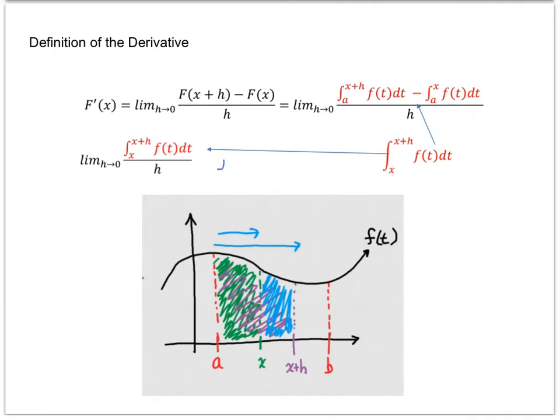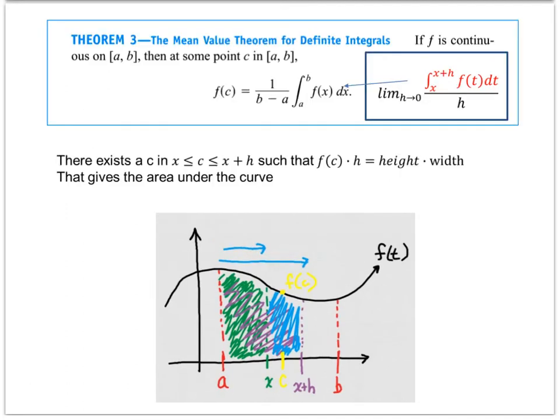If I look at this function here, you can either pull the 1 over h out front, or looking at this, this is my area. This is the width of my interval, which is the same thing as my mean value theorem. I mean, there's nothing different. So in other words, this is the same thing as finding average value.